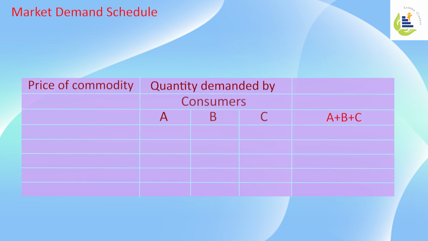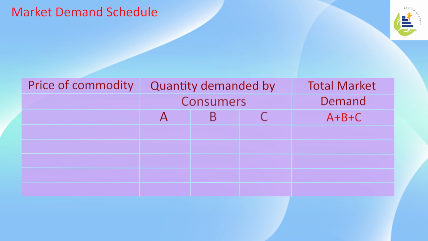That in turn leads to market demand, the quantity demanded by all the consumers. So for me, market demand is the summation of all the consumers' demands. It's a horizontal summation, so we horizontally add those numbers. This market demand schedule shows, at different prices of a commodity, how much has been demanded by different consumers, and the functional relationship between price and market demand is shown.